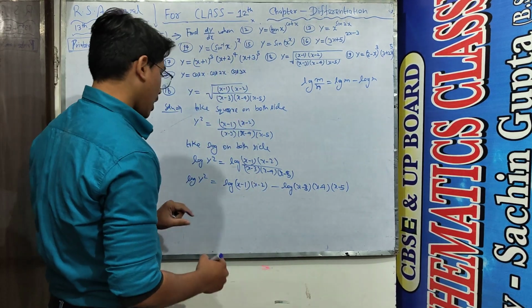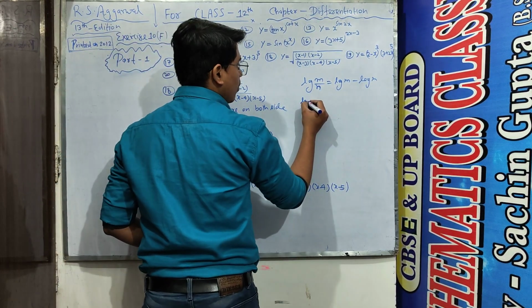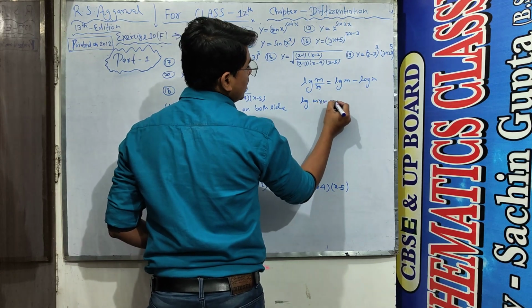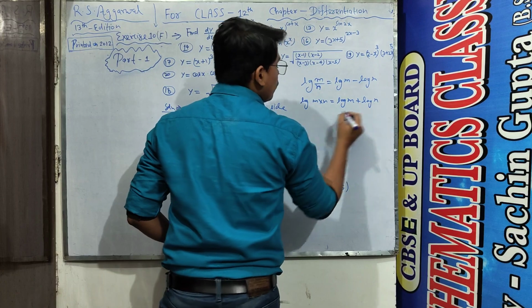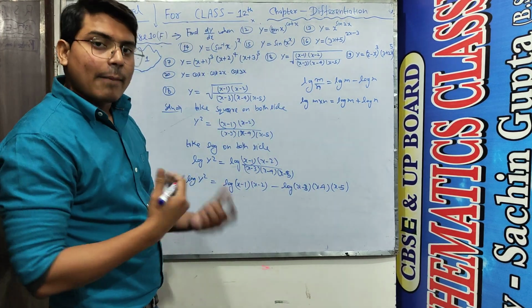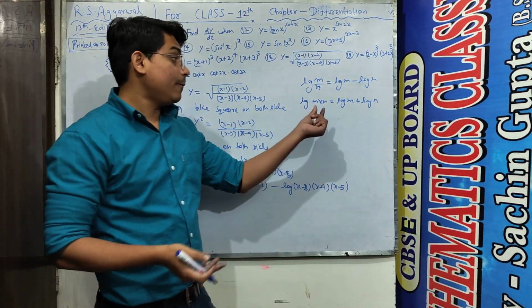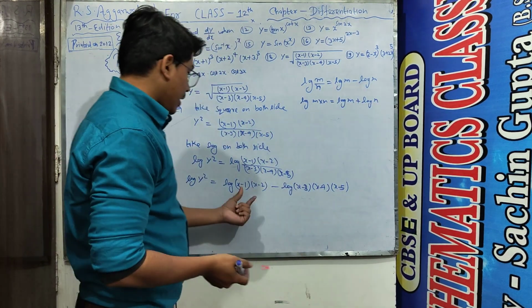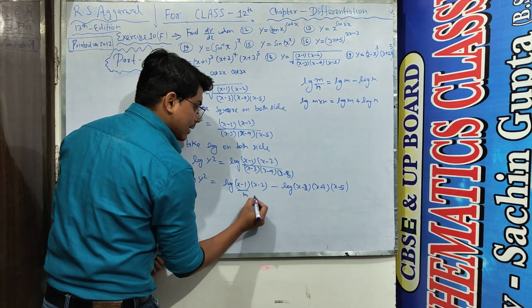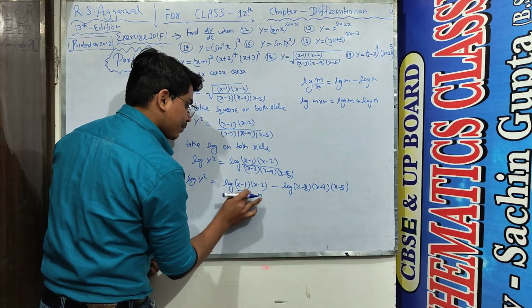Now student, one more formula, which is log m into n is log m plus log n. When two numbers are in multiplication, we can write it as log m plus log n, and here this is like m and this is like n.